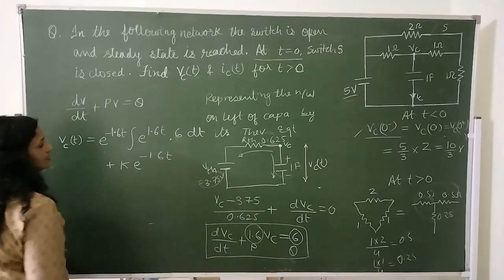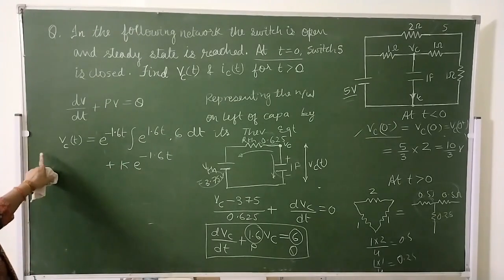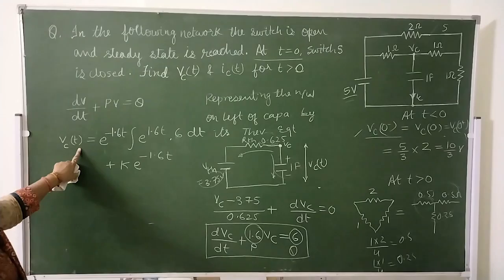Here P is 1.6 and Q is 6. So this is the solution of the differential equation, which gives us the expression for VCT.